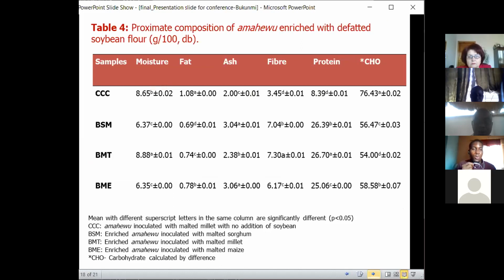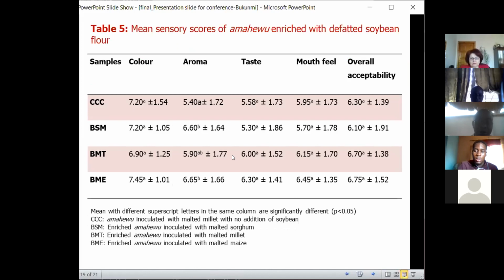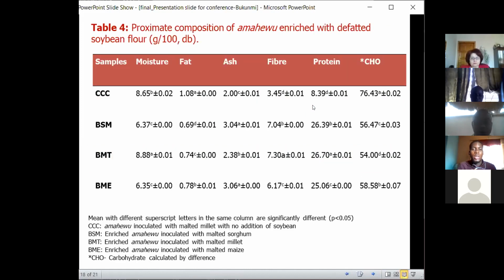Table 4 shows the proximate composition of amayu enriched with defatted soybean flour. This is the control, the sample with no soybean added. It shows the protein content is 8.39.